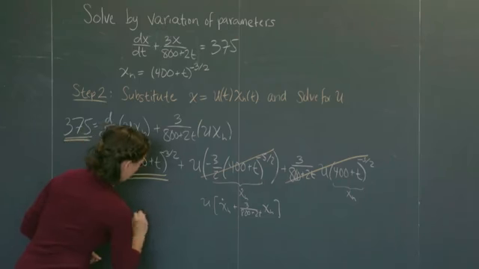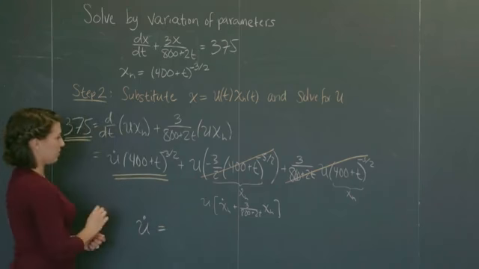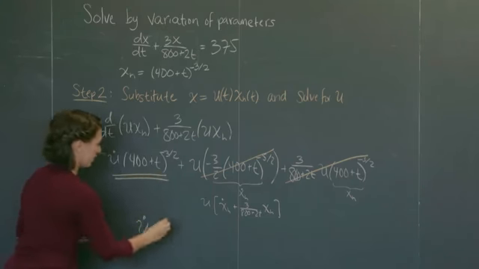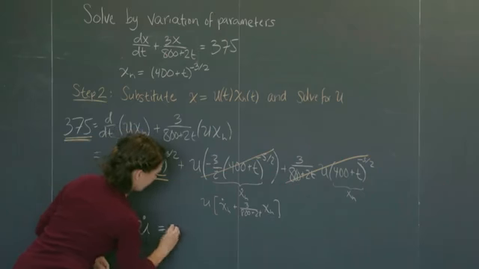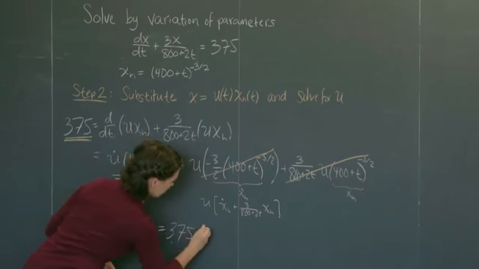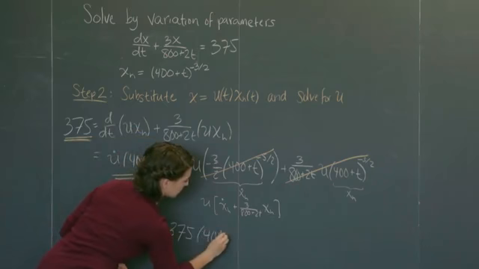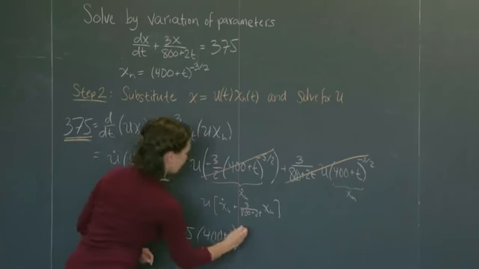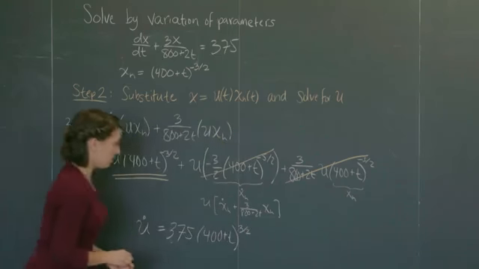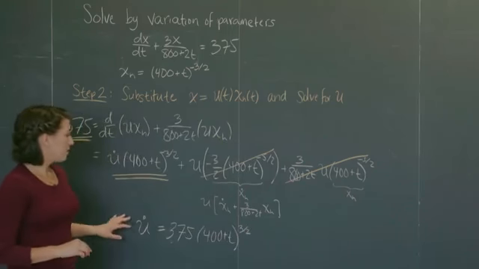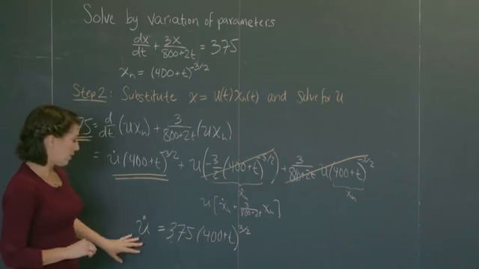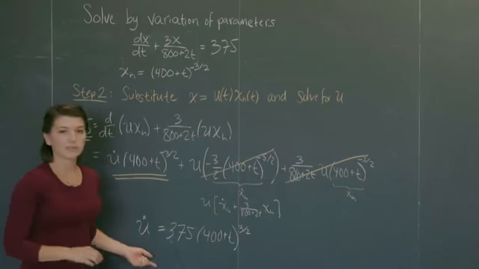So we have that u dot is equal to, I'm going to move this term to the other side. So we get 375 times 400 plus t to the 3 halves. Now when you carry out this step to solve for u and you get an ODE, this ODE will always be separable.